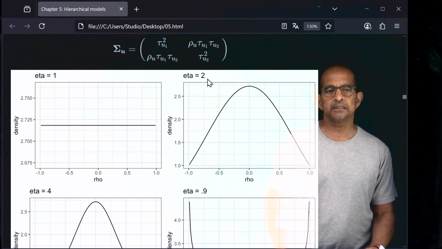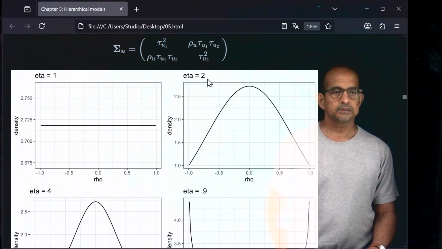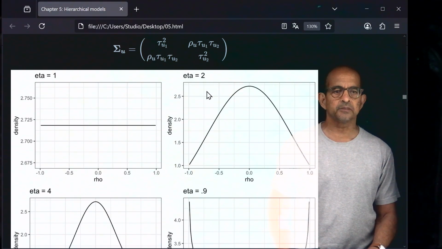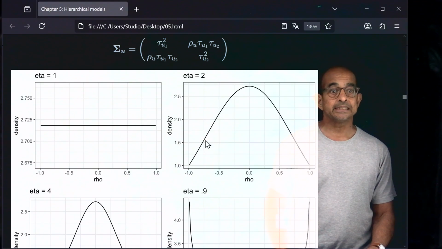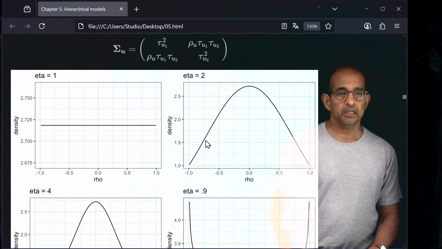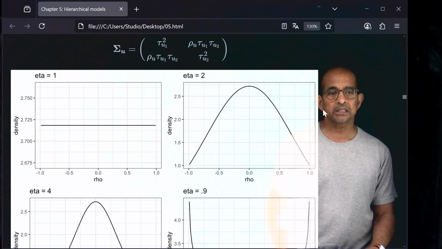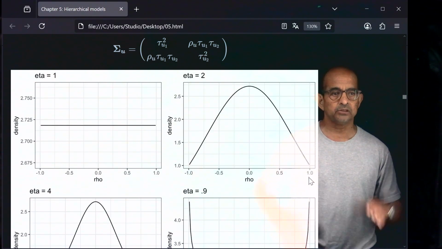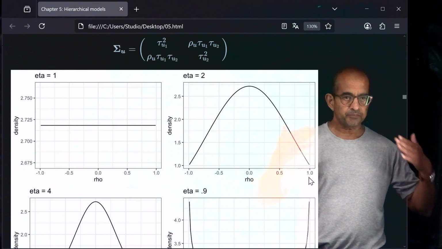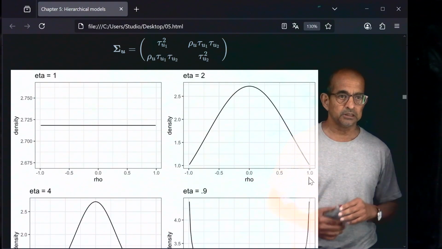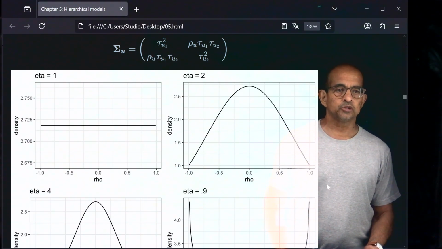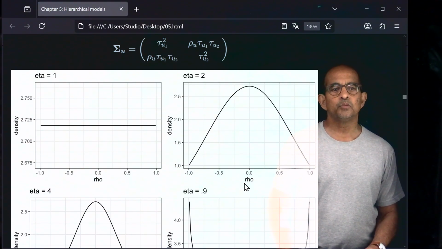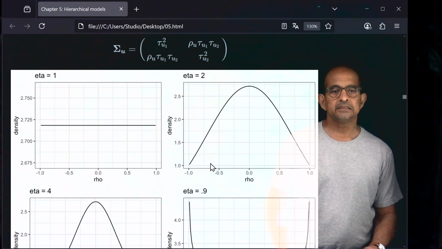When we set the eta value to be 2, that's the parameter that goes into the LKJ prior, what we are assuming is a regularizing prior on the correlation parameter. And what that means is that the -1 and +1 values are downweighted a priori, so they're assumed to be very unlikely, and the more likely values lie in some intermediate range between -1 and +1.